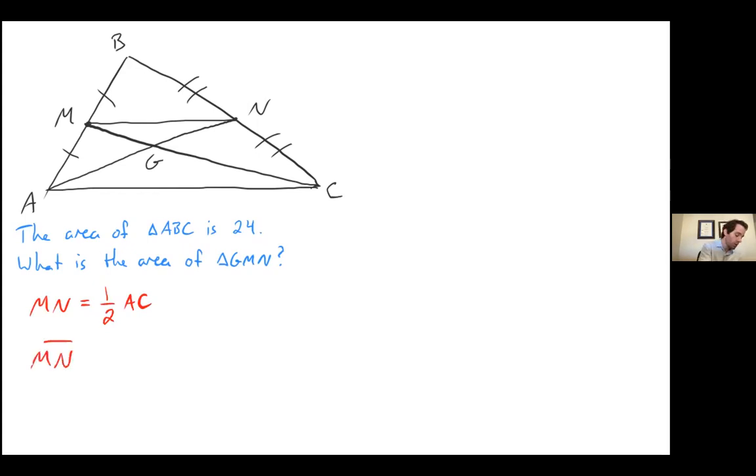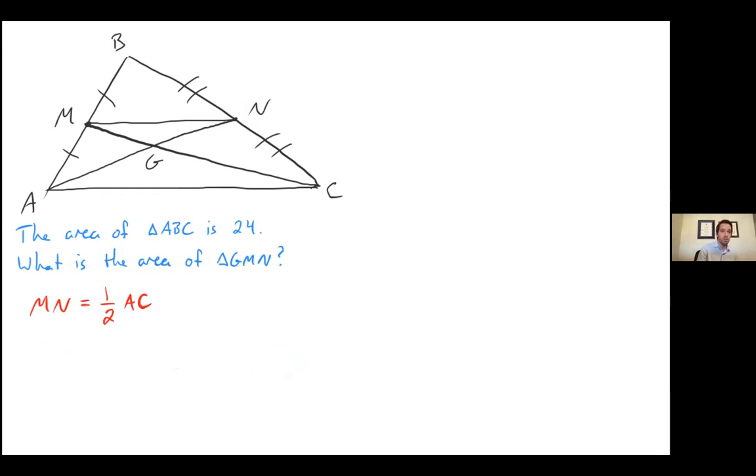MN is parallel to AC, and MN is equal to 1/2 AC. These two are conclusions that come from the mid-segment theorem. We are specifically going to need the fact that MN is equal to 1/2 AC. We might need to go and grab the parallelism as well.